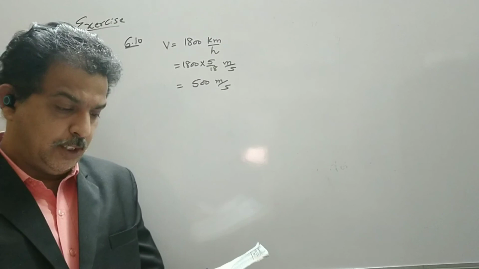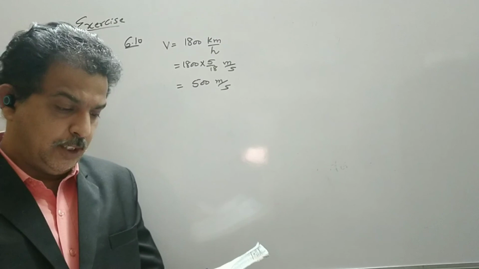Now for EMF induced, or if you remember the motional EMF, now the plane is flying, so there will be the magnetic effect of the earth. The earth has a magnetic field. So now you have two options. Either there should be a horizontal component, that is BH, or the vertical component of the earth's magnetic field.